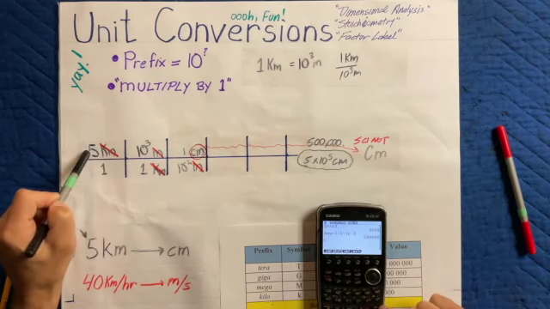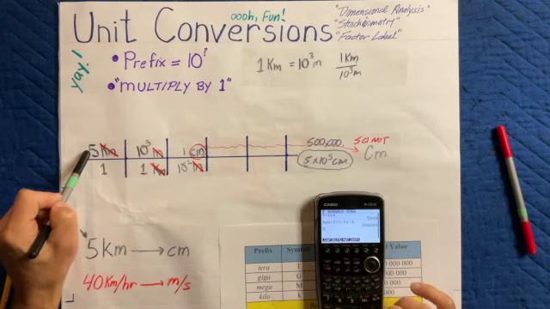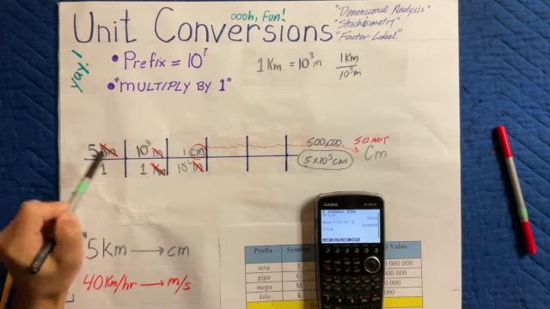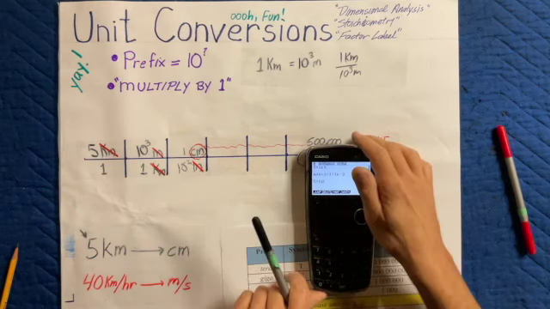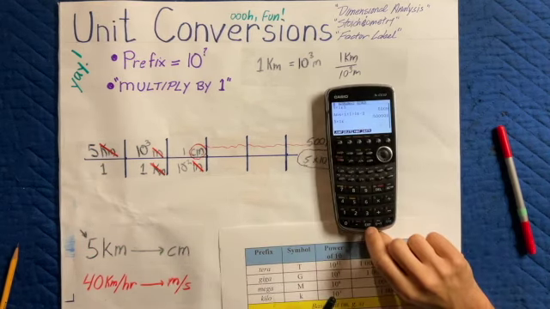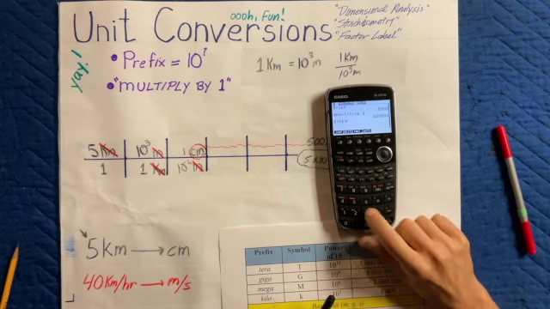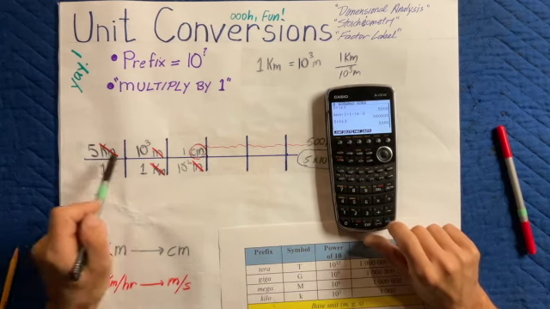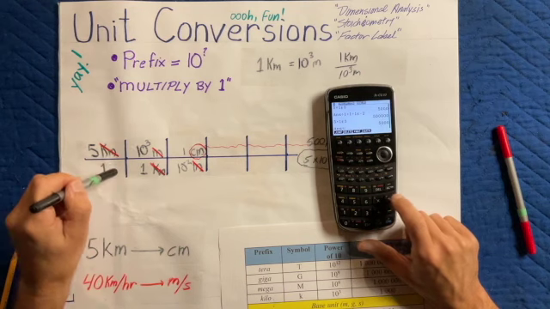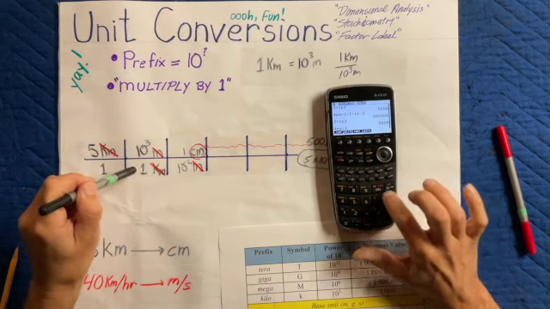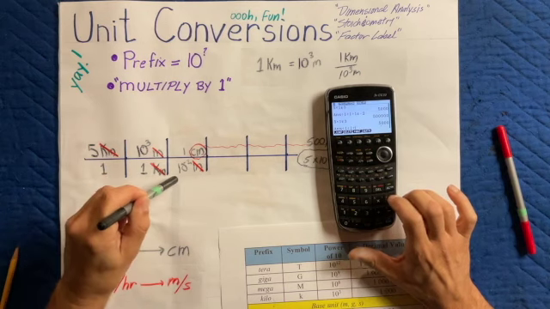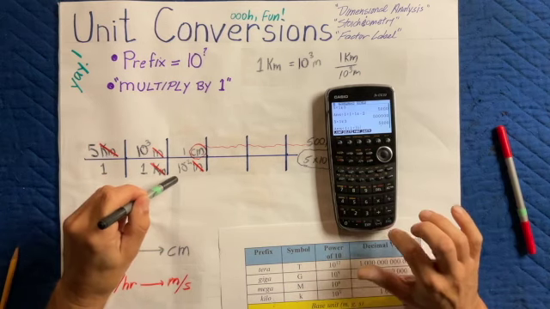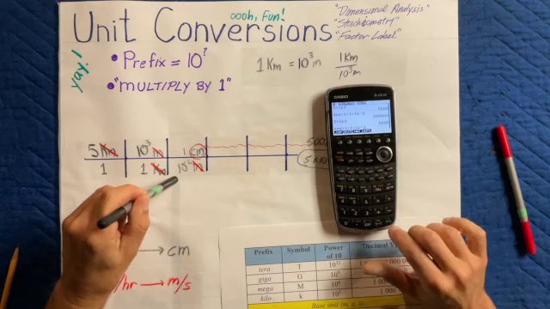And so I get 5. Now for me, I have to do 1 on the Casio. It's EXP, which is down there. That's times 10 to the power of, and then that would be 5,000 divided by 1, divided by 1, divided by 10 to the minus 2. 1 EXP minus 2.